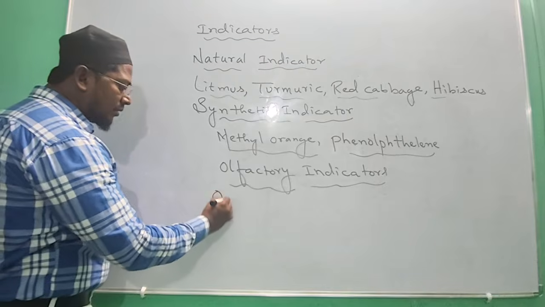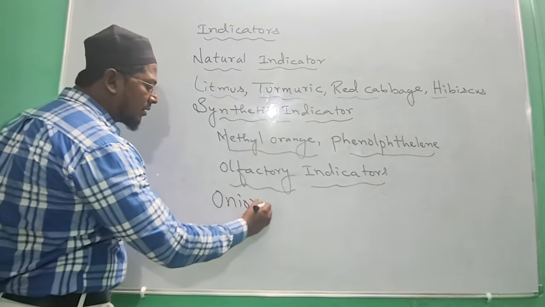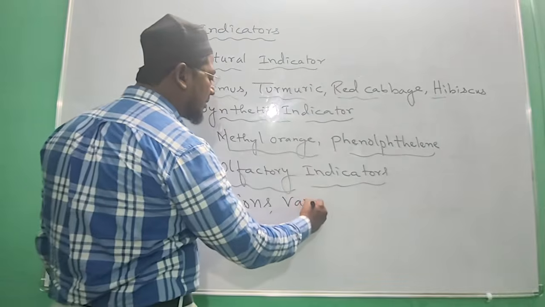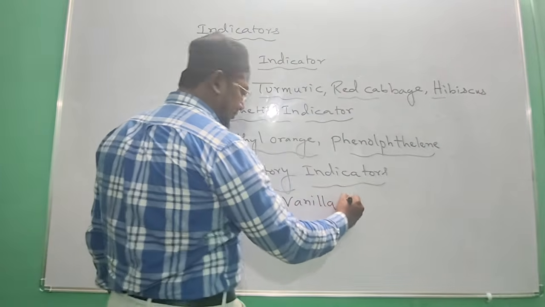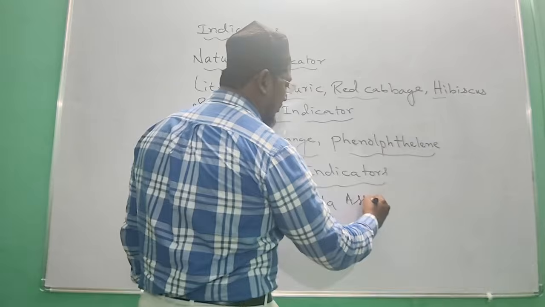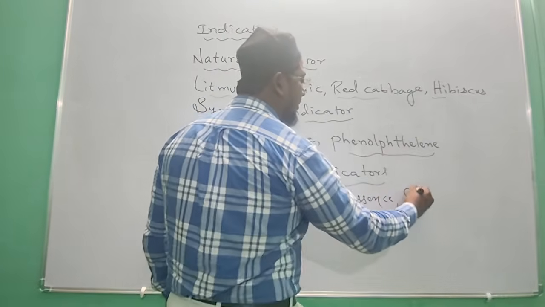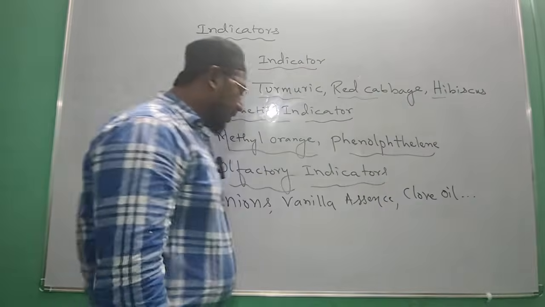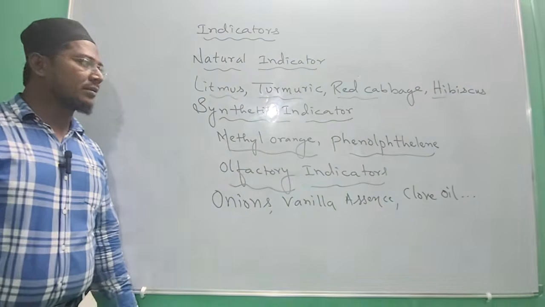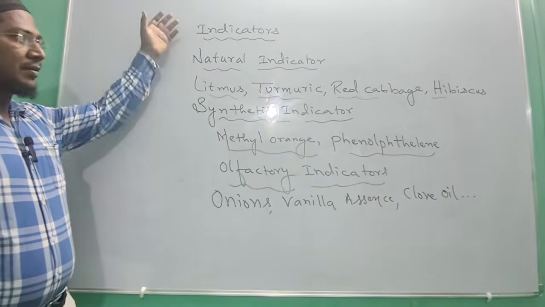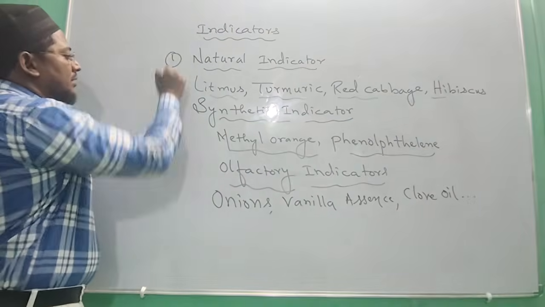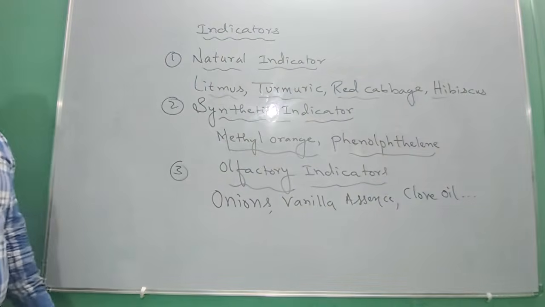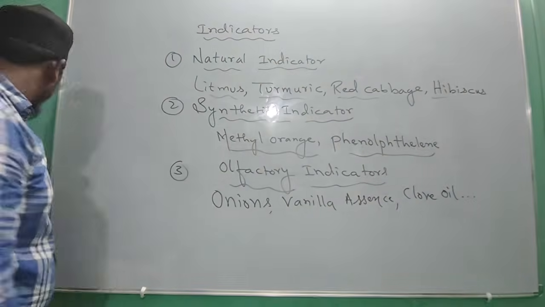The first one is onions, the second one is vanilla essence, and the third one is clove oil. These three are olfactory indicators. So there are three types of indicator: natural, synthetic and olfactory. Let us discuss them one by one.